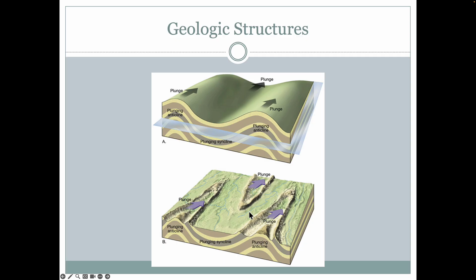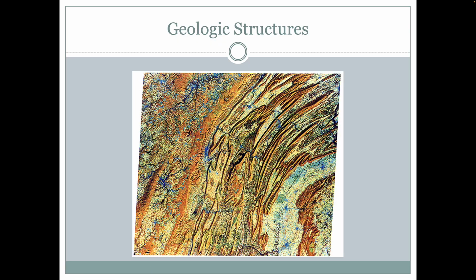Sometimes these ridges are all connected together, and we get these very intricate looking mountain ranges. One good example of that is the Valley and Ridge province in Pennsylvania. And this is kind of in eastern to central Pennsylvania. And we just get these ridges. The ridges are shown kind of in this area here.